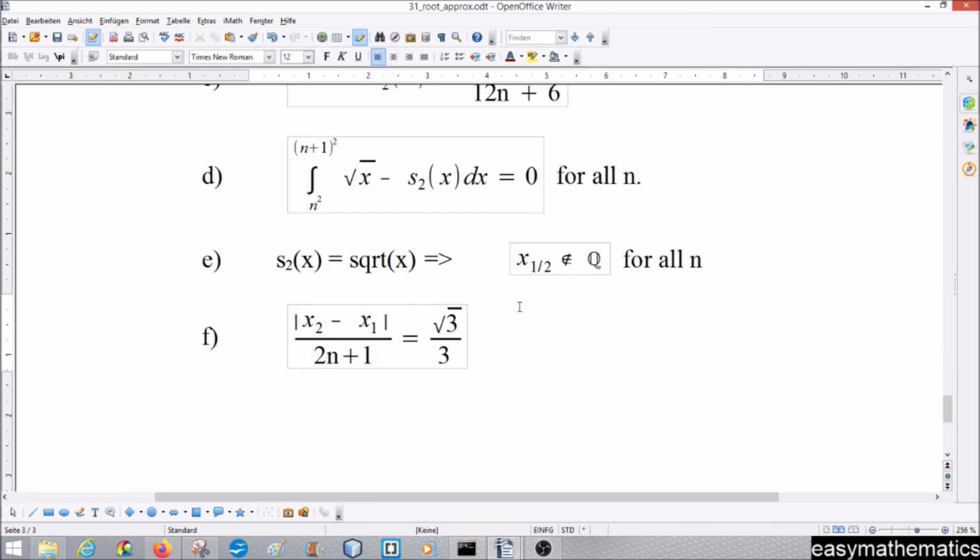And F. The cardinality of the interval from x1 up to x2, where x1 is smaller than x2, over the whole interval 2n plus 1 is the square root of 3 over 3.